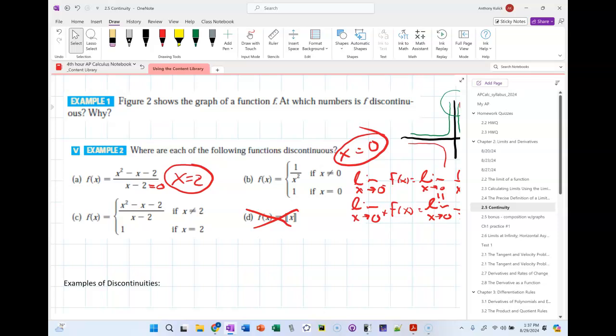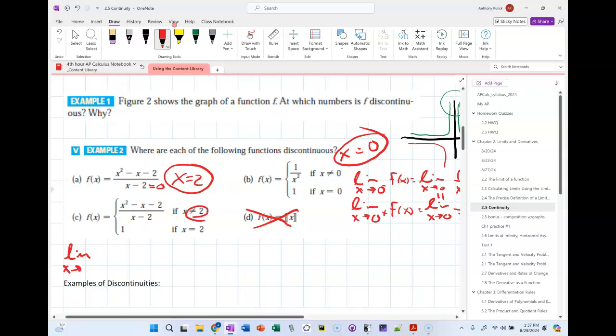What's the only value we have to check? Still 2, right? Because it's both what makes the rational function give you a 0 denominator, and it's where the boundary is. So it's 2 for 1. So really, the same kind of thing applies because it's a not equal to here.